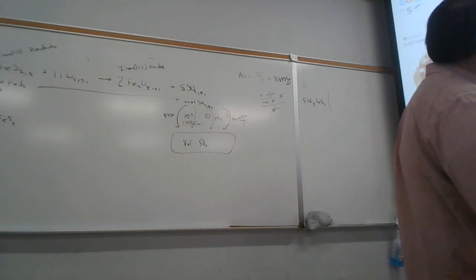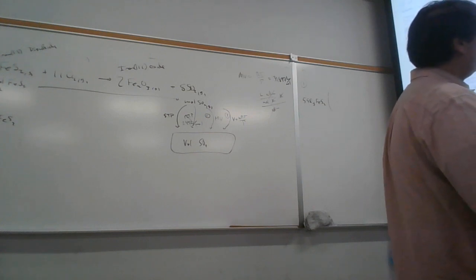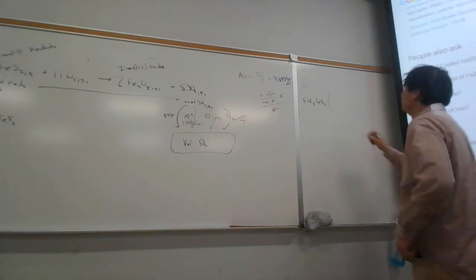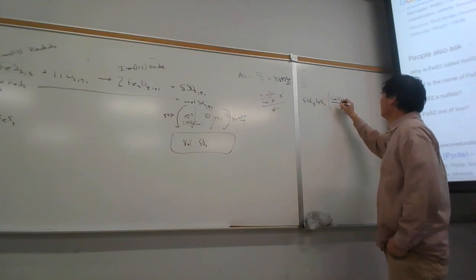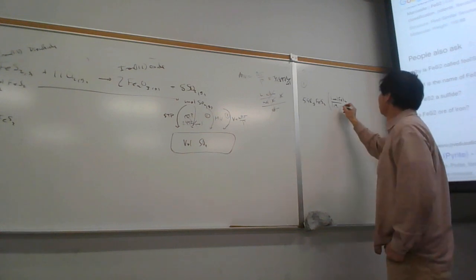But anyway, I want the molar mass. So let's look at the molar mass here. 119.98 grams per mole. So 1 mole of FeS2 is 119.98 grams.